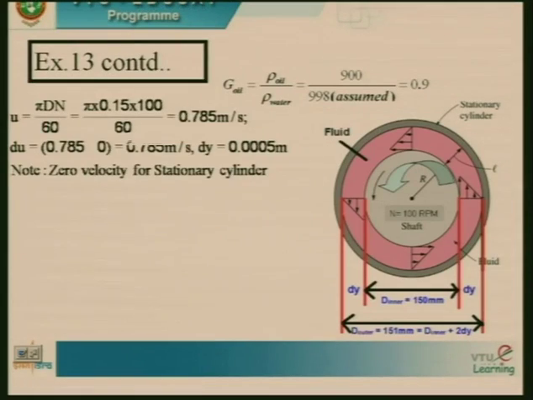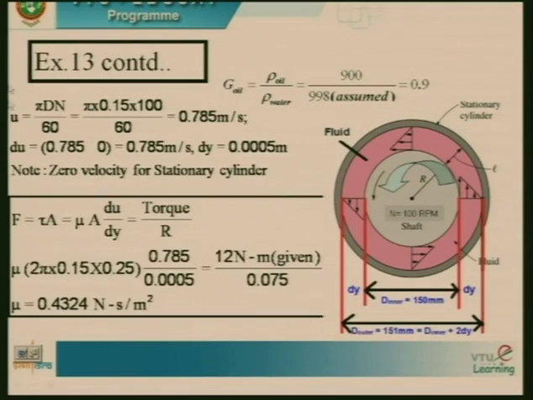I think I have shown the diagram. It will make you very clear. My dear friends, I request all of you to note the diagram. First of all, you can see here, this is the inner one, the diameter is 150, this gap is dy and this gap is also dy. So this total is 151. You may be thinking, sir, this is 150 plus 2 dy. The answer is correct. I repeat, this is the inner one which is moving with RPM 100, and the outer is 151.